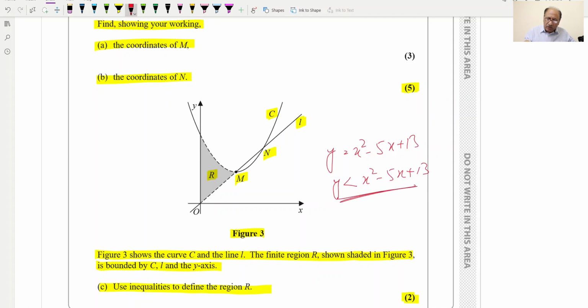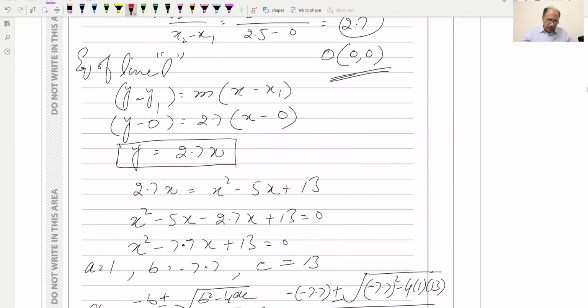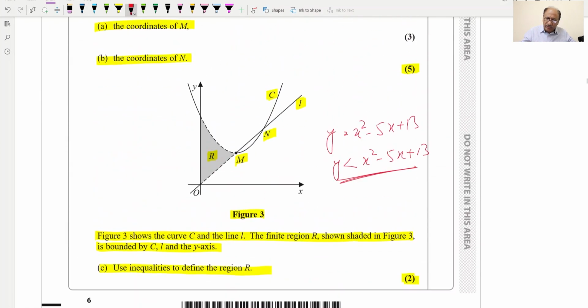This will be our one inequality, and for the second, we found the equation of the line earlier, which was y equals 2x minus 7.